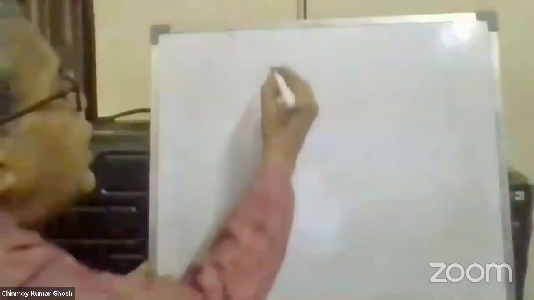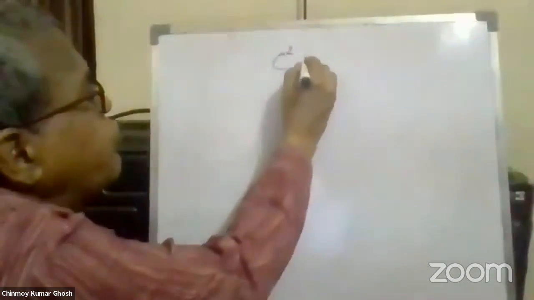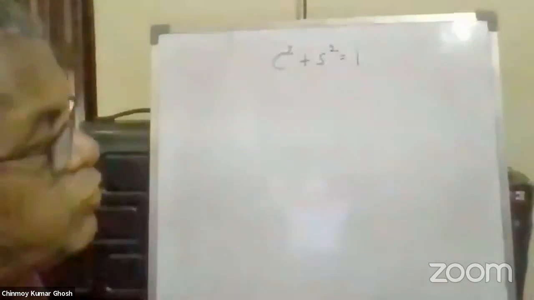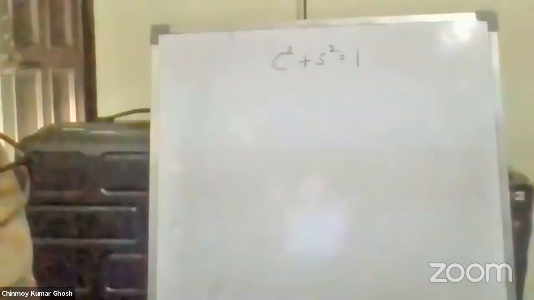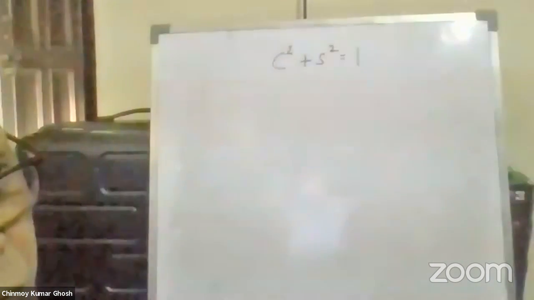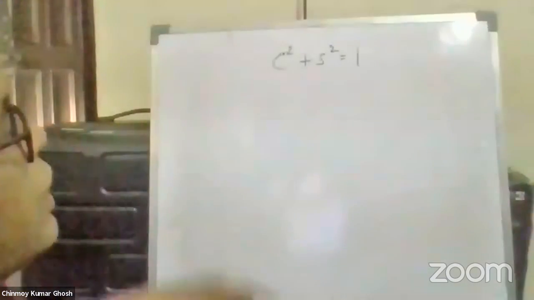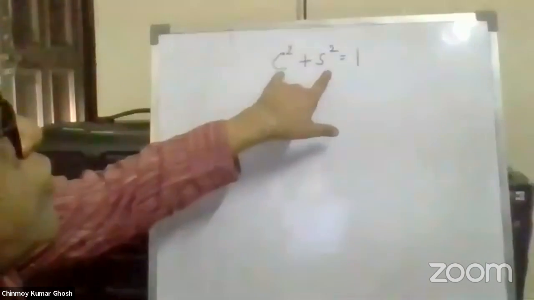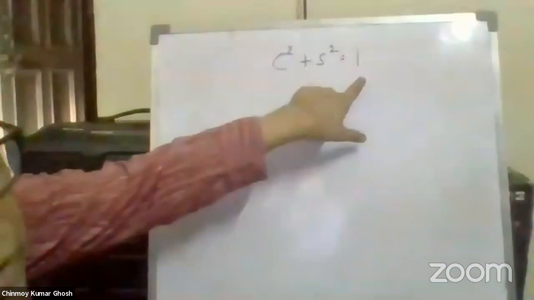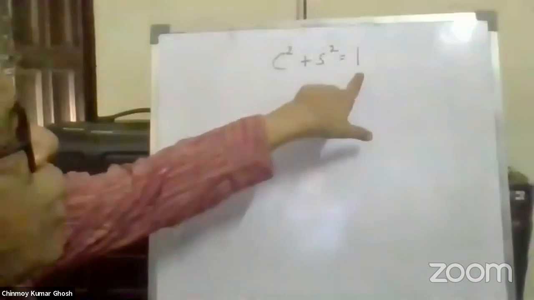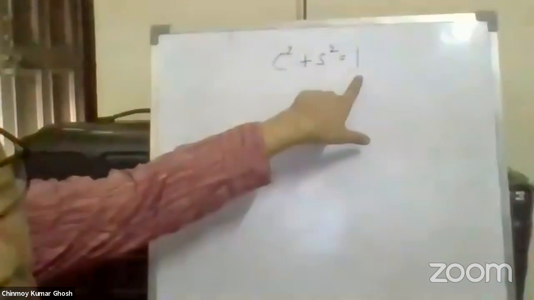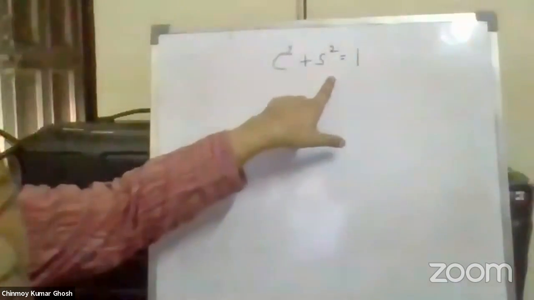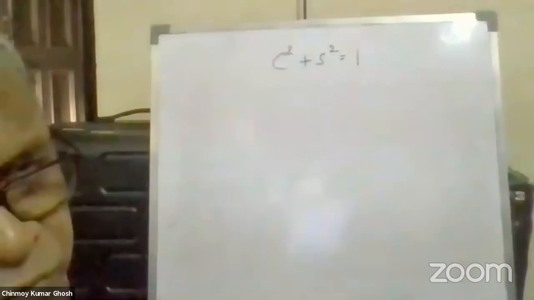So I say that you start with this relation, cosine square theta plus sine square theta is equal to 1, which is true for any value of theta. Now, using this relation, you find that these are two variable quantities, but their sum is a constant.